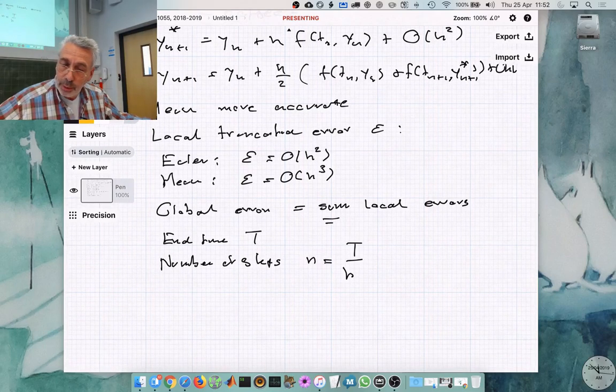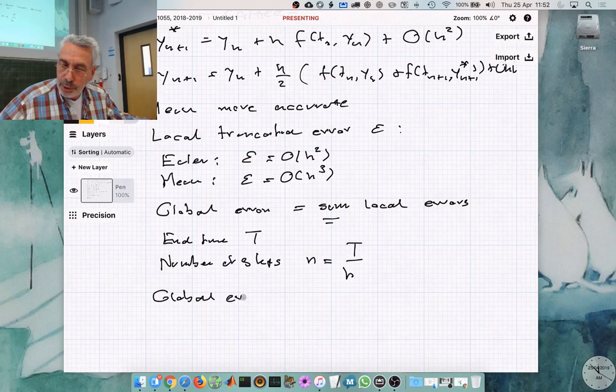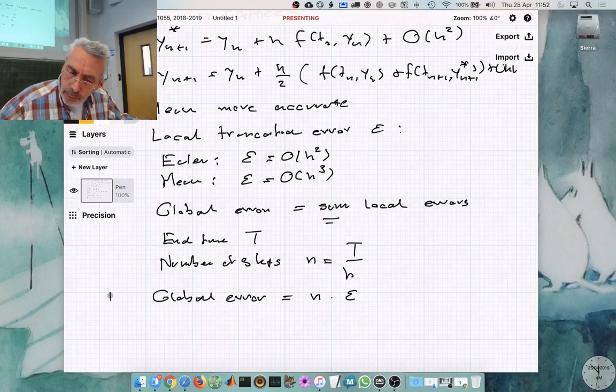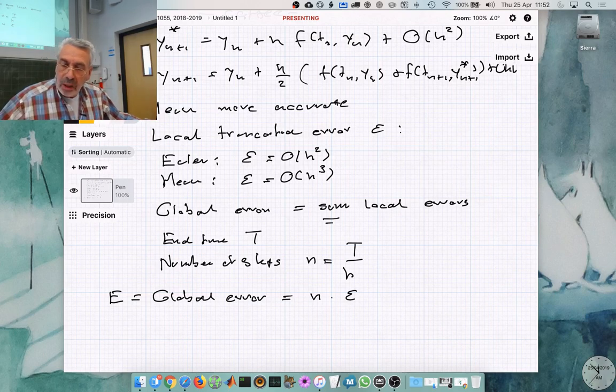Is that true? No, not really, because the global error is very simple. It's approximately n times this local error. And how do we write global error? Capital E, I usually use. So E, the global error, is approximately n times this local error.